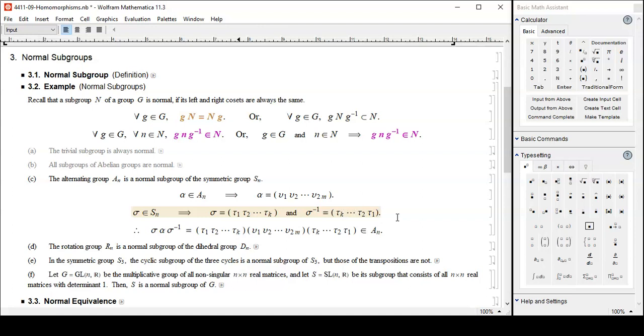If you apply the inverse formula, you get this inverse and the next inverse. All these should be inverses, but these are transpositions, so the inverse of a transposition is itself. So we just get back the same. So what do we have? k transpositions, another k transpositions, and then 2m transpositions. I get 2m plus 2k. That's an even number.